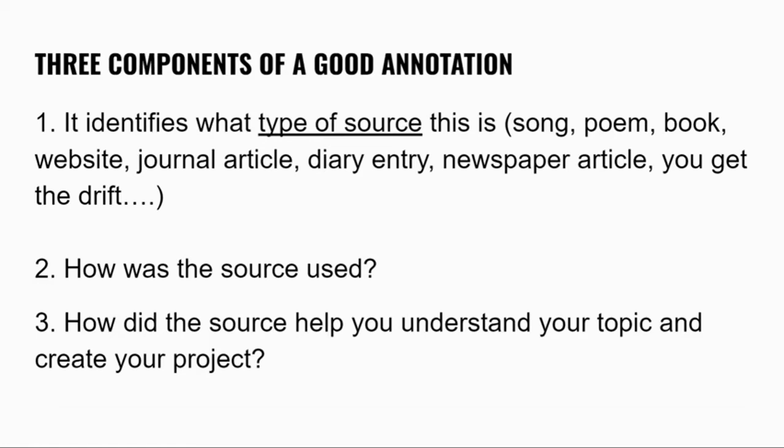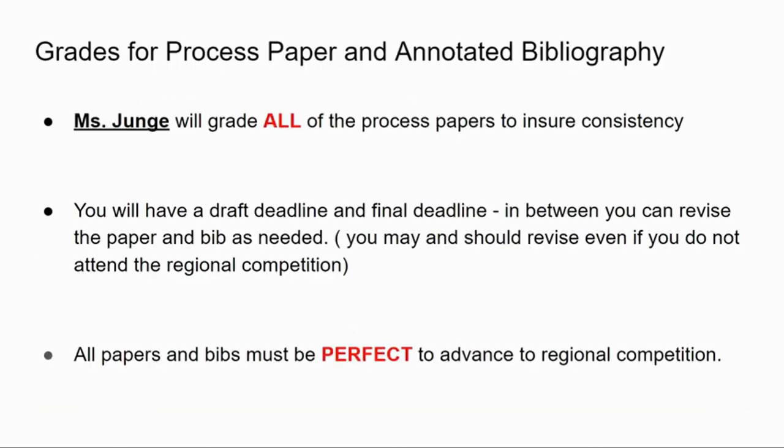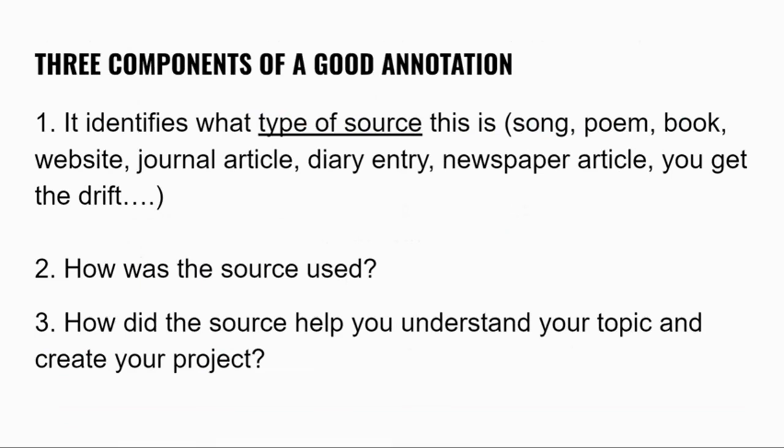Roughly, these 3 questions are 1 to 2 sentences. For example, you could very easily say something like, this was a song that gave us more information about our primary source or our topic, and we were able to use it in our documentary or website.